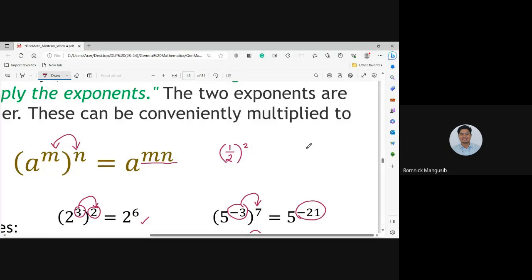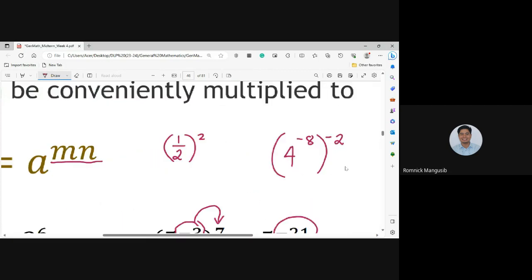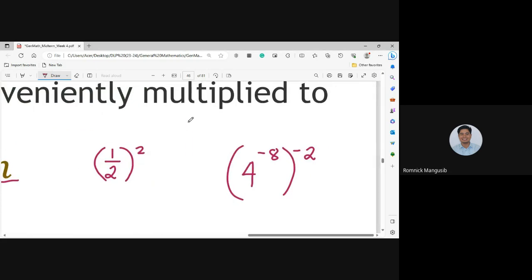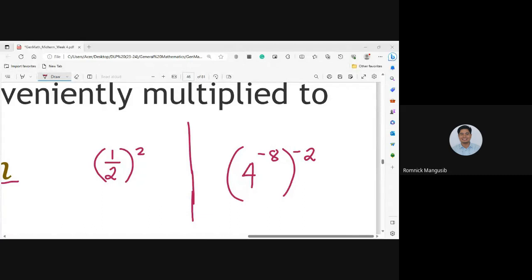What is 1/2 raised to 2? And then this 4 raised to negative 8 raised to negative 2. Anong sagot dito sa bawat isa? Okay? And please just comment your answers.